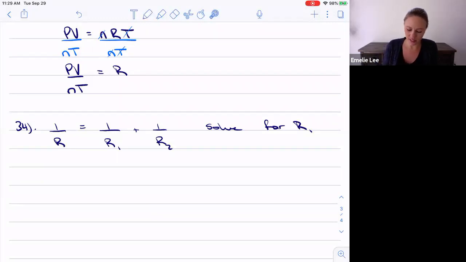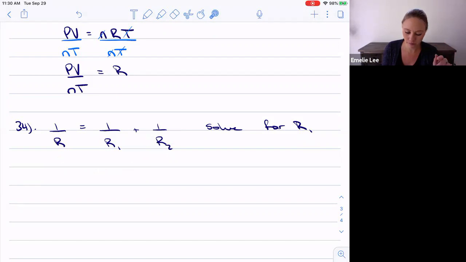Because this is only our second one, I'll kind of walk you through it. If we're solving for R1, R1 is different than 1 over R1. So we're not solving for 1 over R1, but we're trying to get R1 on its own. So I want to hold 1 over R1 steady, and move the 1 over R2 over to the left-hand side.